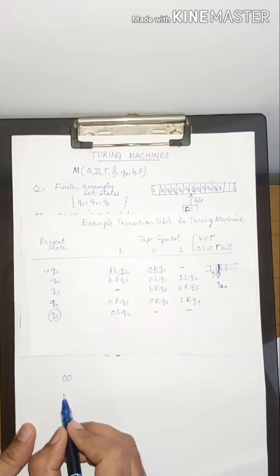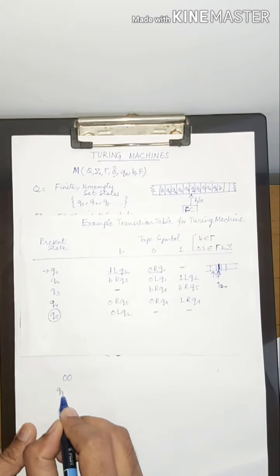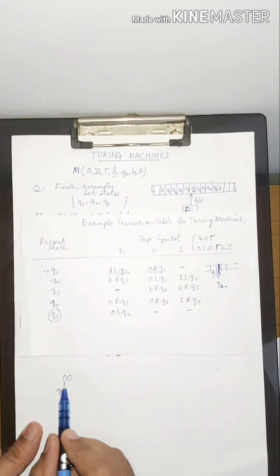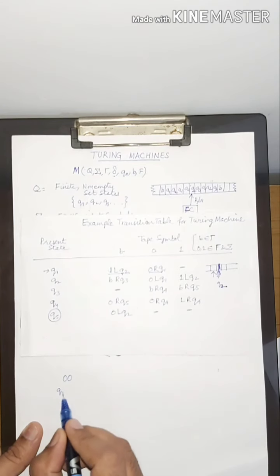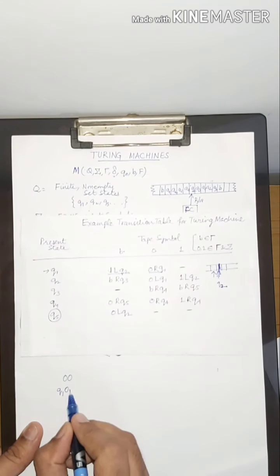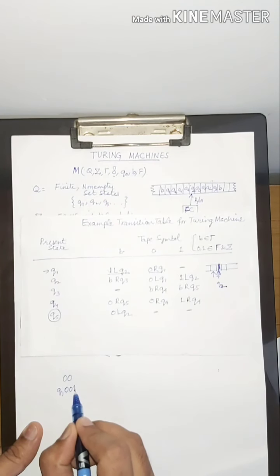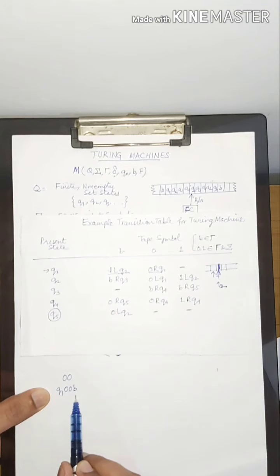The machine initially will be in the initial state, so Q1 is the initial state, and the first symbol of the string fed to it will be under the head, and the rest of the string will be like this, bounded with the B. So this is the ID at the initial state. This is also known as the initial ID.